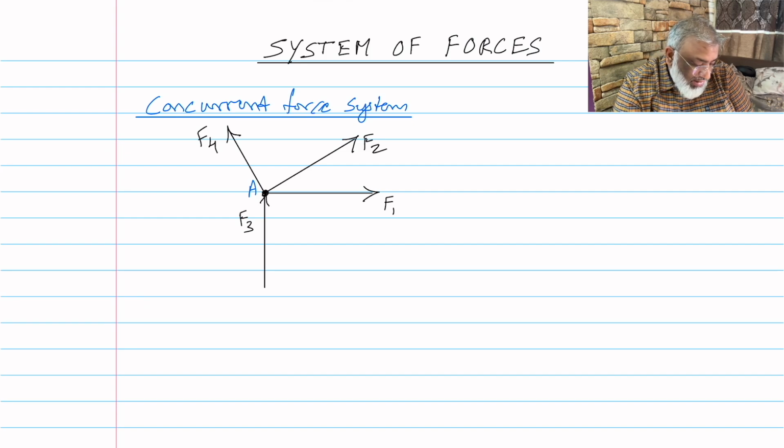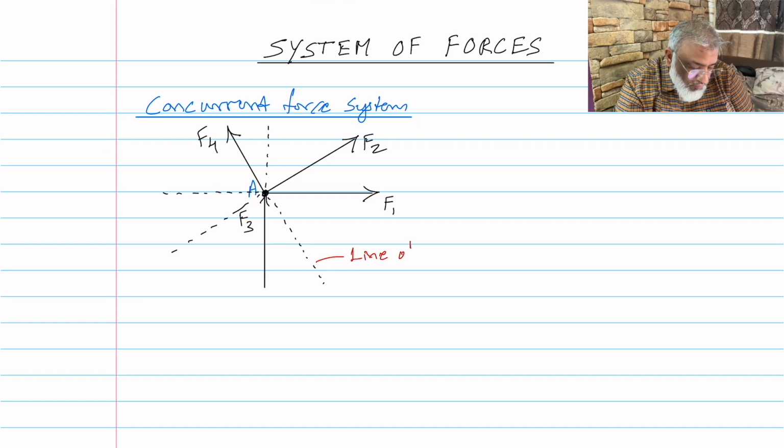So when the line of action, it's nothing but an imaginary line through which all the forces are passing. That is the line or the path which the force is taking. So these are called line of action.